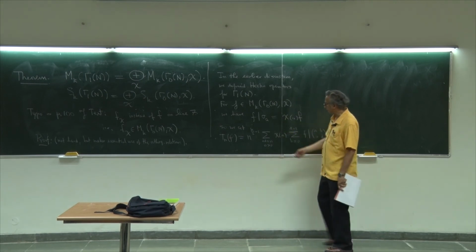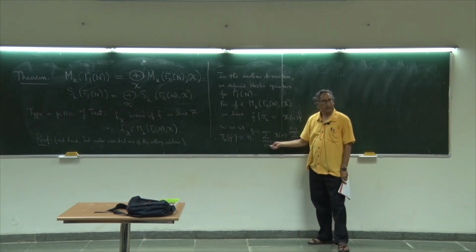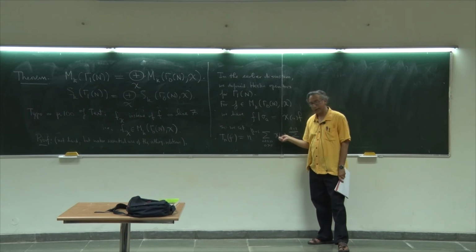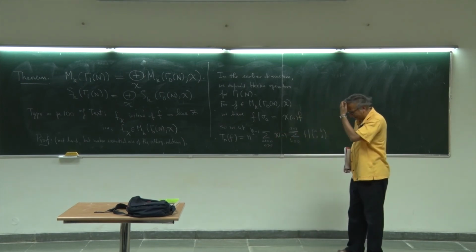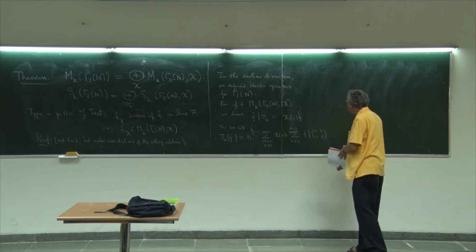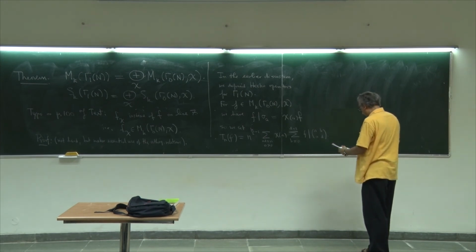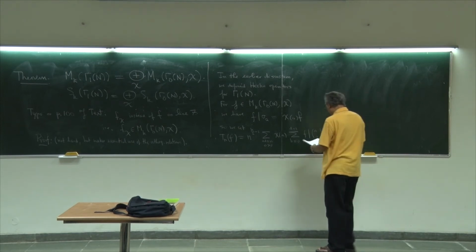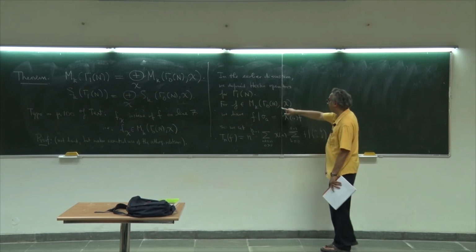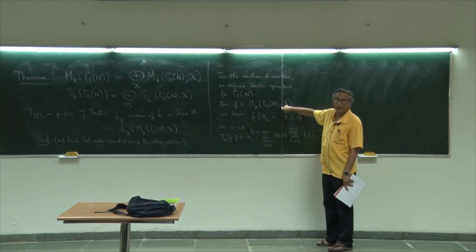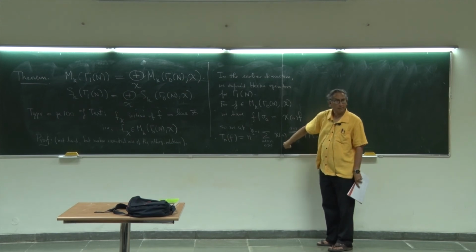Now notice that in the earlier definition I had ad equals n, a positive and a relatively prime to capital N. But now because chi of a, as a Dirichlet character, is only supported on coprime residue classes, I can drop that condition. And the point is that for f in M_k gamma naught of N chi, T_n of f turns out to be in M_k gamma naught of N chi.